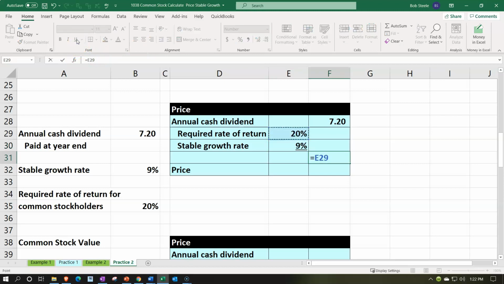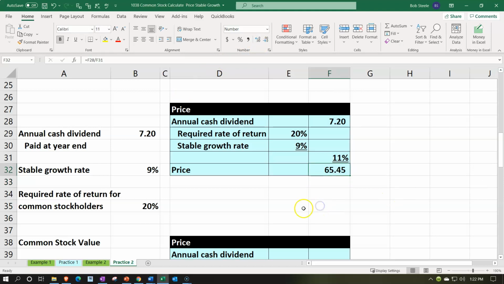Subtracting those out, we're taking the 20 minus the 9. And then in the numbers group, percentifying that, font group, underline, we have 11% remaining after we consider the stable growth. Comparing that to the dividend, the 720 divided by the 11% gives us, adding decimals, the 65.45.